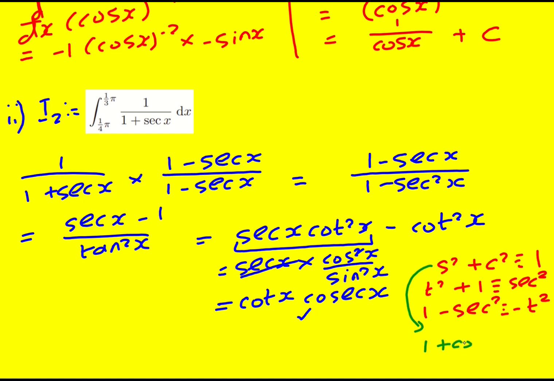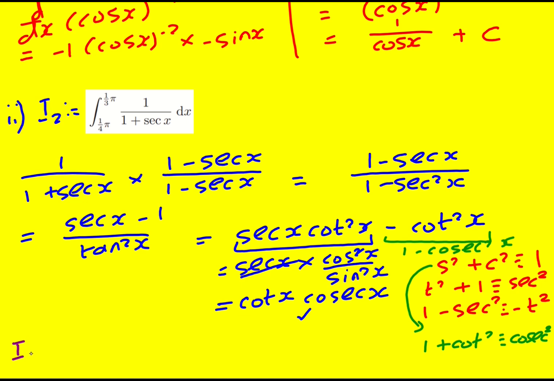So 1 plus cot squared is going to be cosec squared. So I can replace this by cosec squared minus 1, but then I'm minusing it. So actually, let me just replace the whole thing. Minus cot squared is going to be 1 minus cosec squared x.